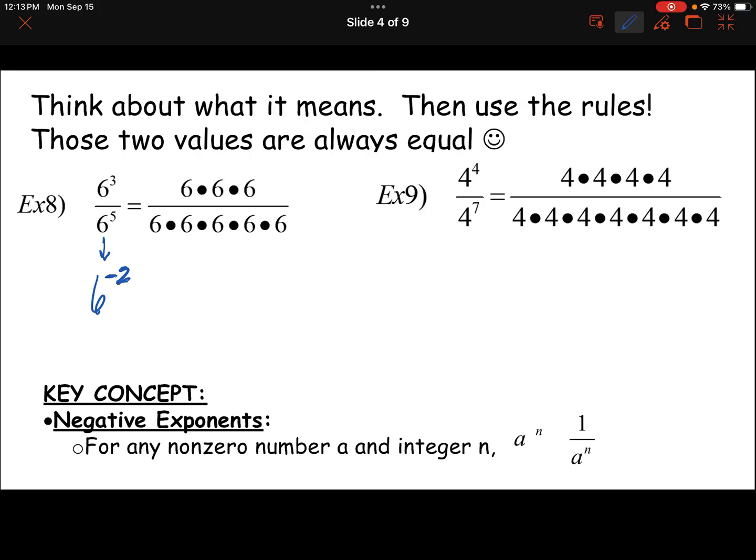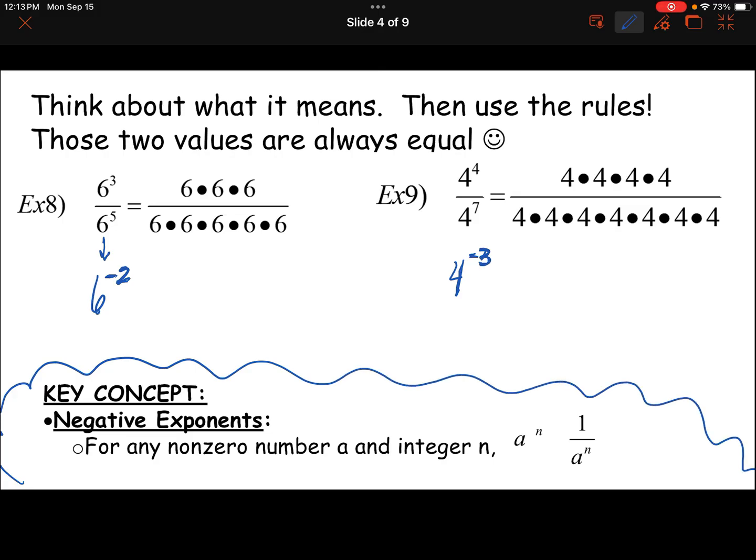This gives me 4 to the negative 3. And in order to understand key concept number 5, down here at the bottom, don't worry about writing anything yet, let's think about what it means. If I use the rules, it means 6 to the negative 2. If I write out what it means I have 1 over 6 squared.